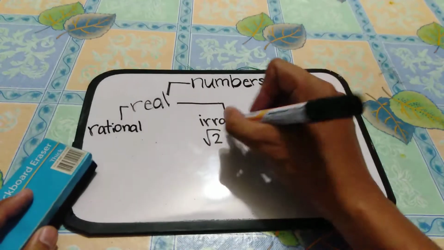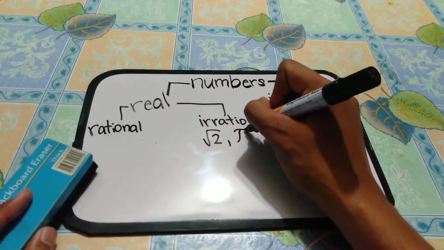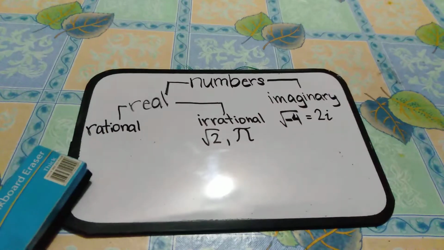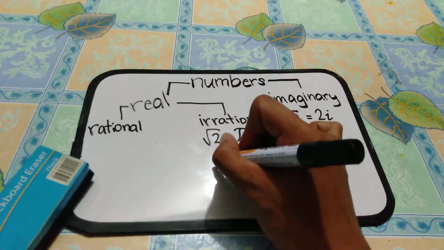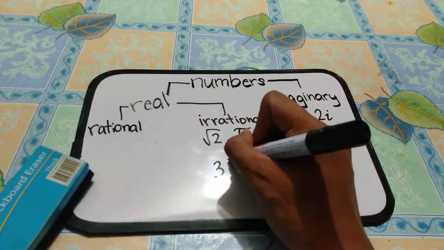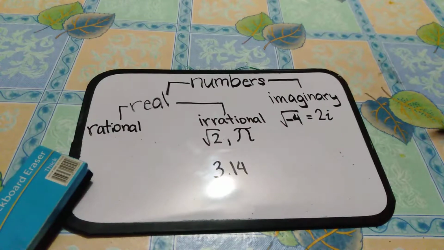Another example is the pi. We know that pi has the value of 3.14, but it is not the exact value of it.